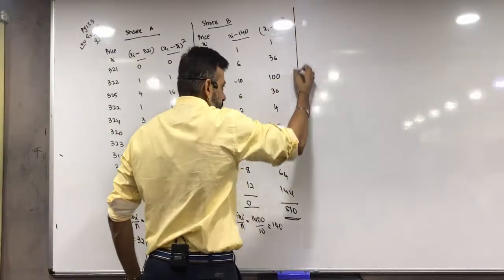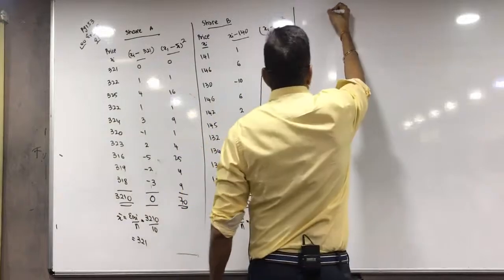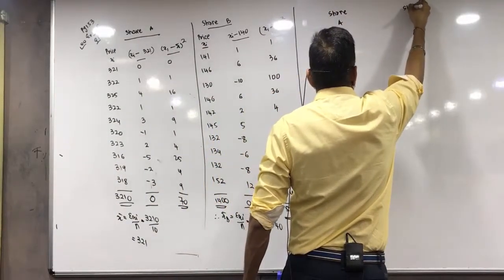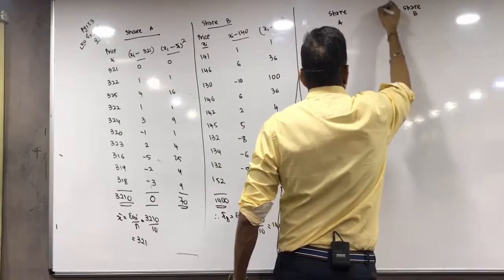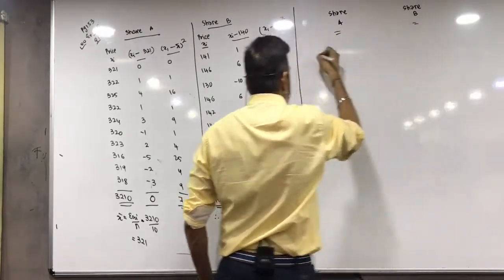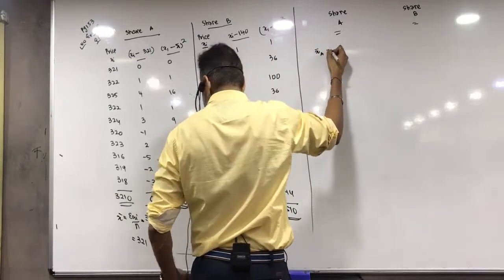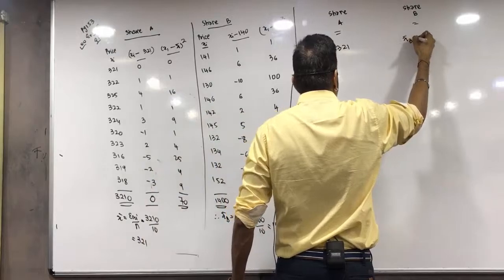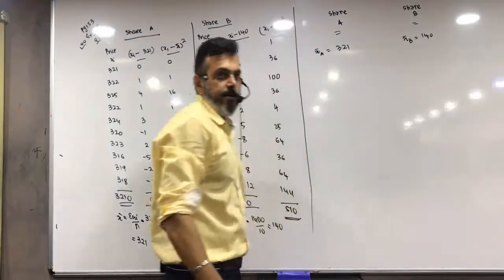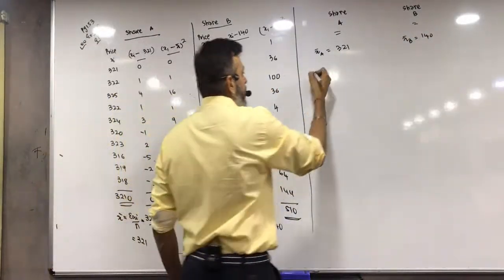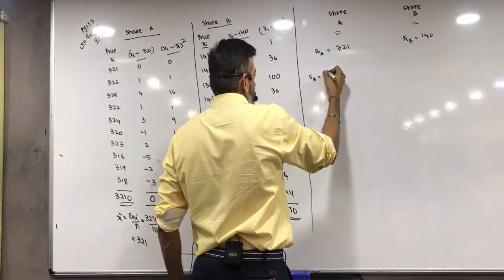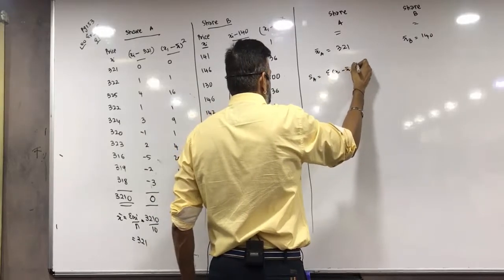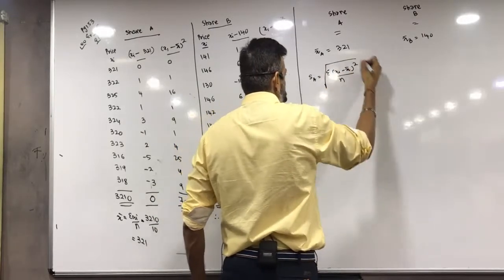Now, we have all the information what we want. So I divide it, share A, share B. Now mean x bar of A is equal to 321. X bar of B is equal to 140. Now we find the standard deviation. Standard deviation of A is sigma xi minus x bar the whole square upon n, the whole under root.